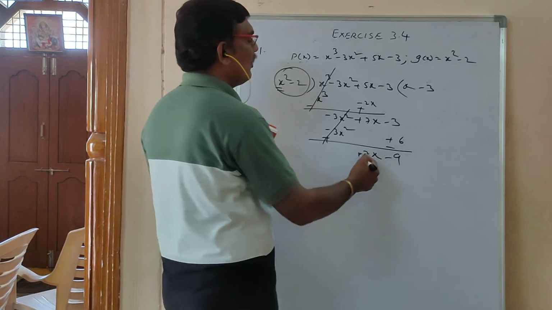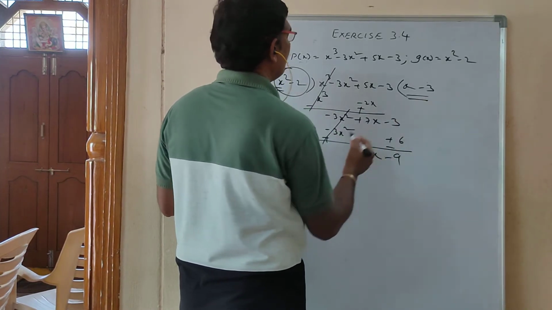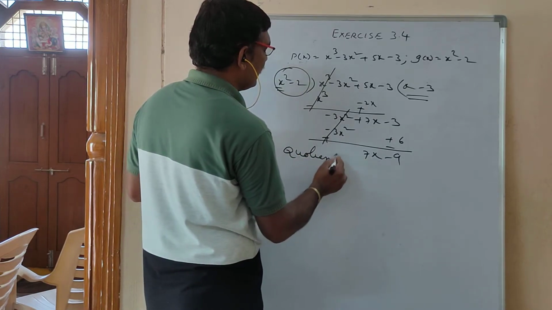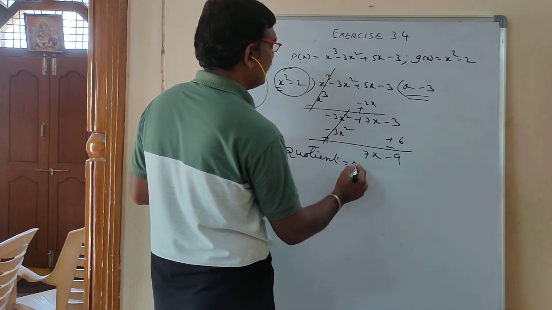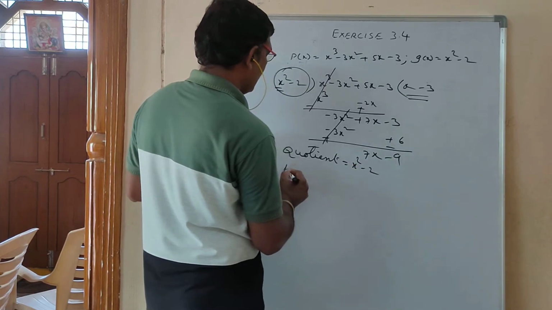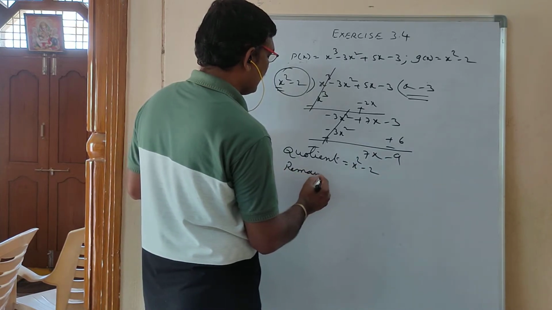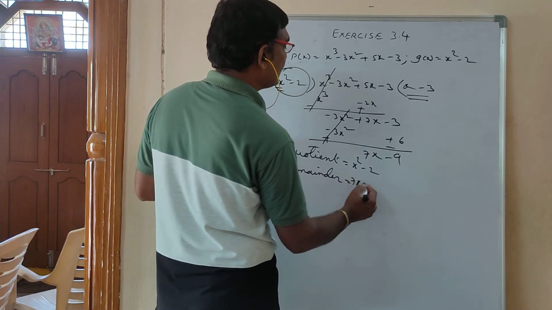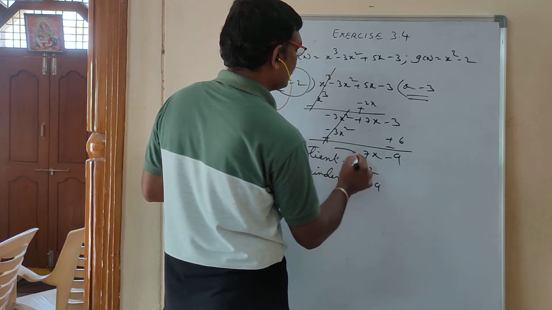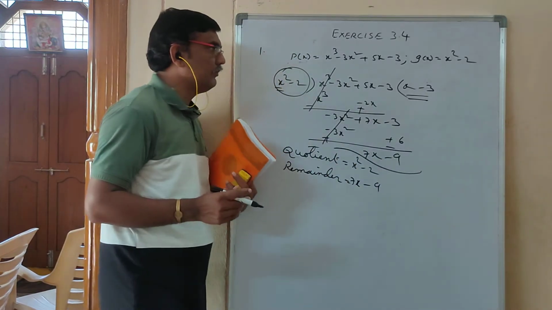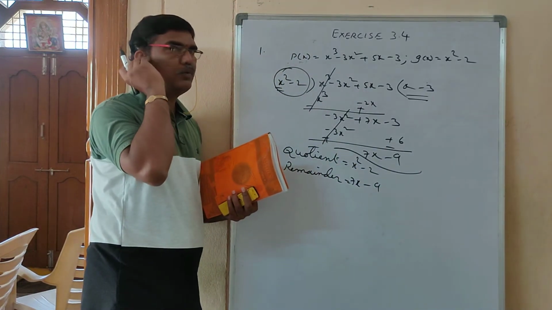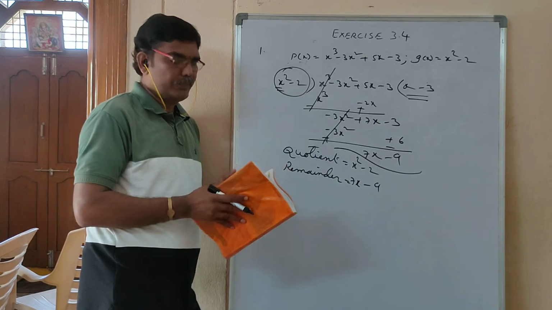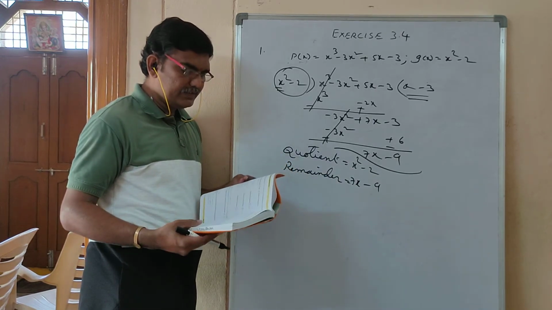Now, this is called the remainder, this is called the quotient. Quotient after division is x square minus 2. Remainder is how much here? 7x minus 9. So, this is the problem. What you have to do is do these entire divisions.